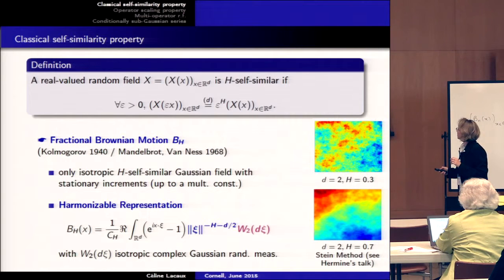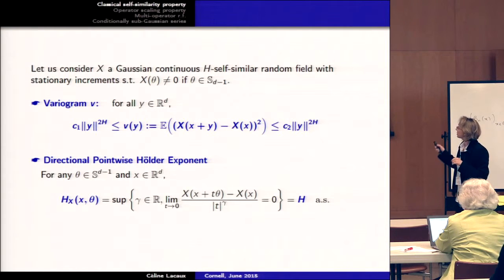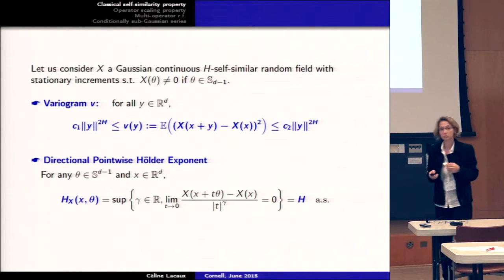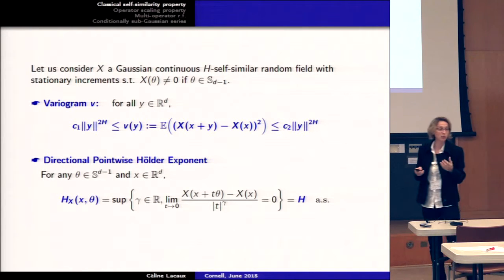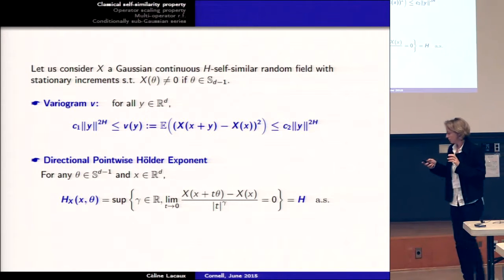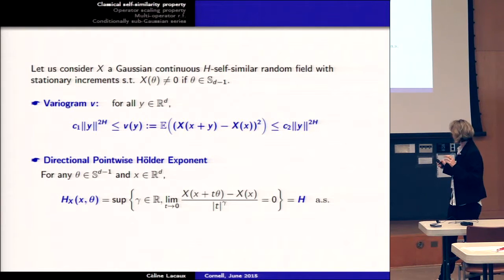So what can I say about the self-similarity property before I present the operator scaling property? Usually, if you consider a Gaussian random field with stationary increments, its regularity is driven by the behavior of its variogram. Using the self-similarity property, you can check that its behavior is given by the Euclidean norm to the power 2H.